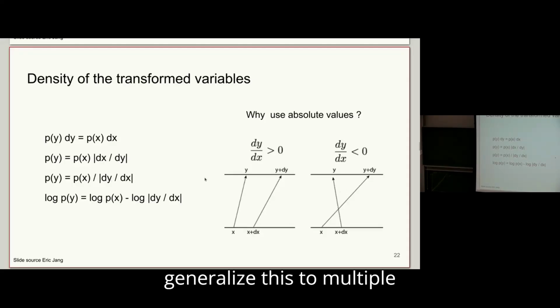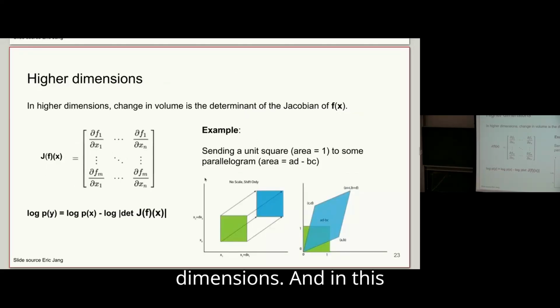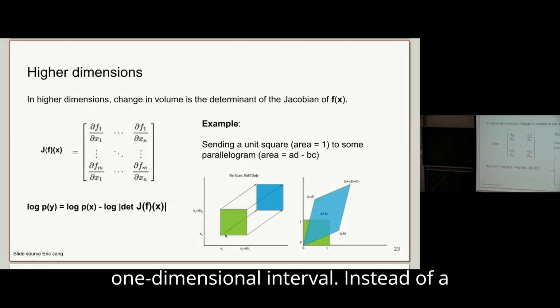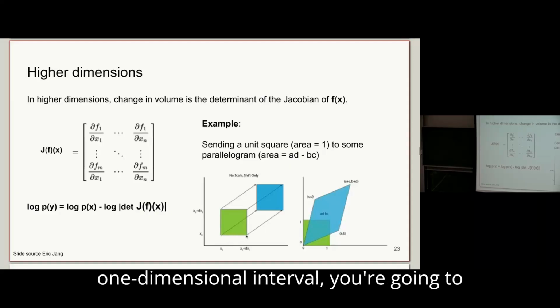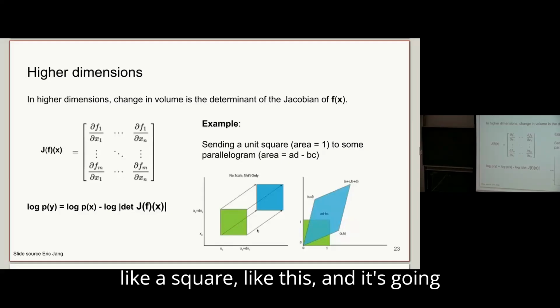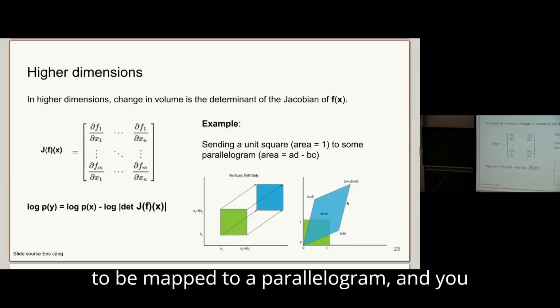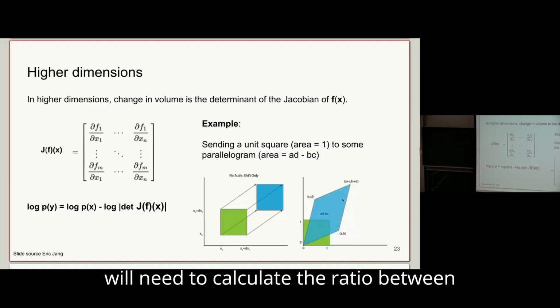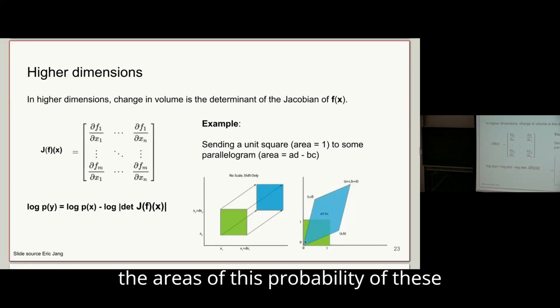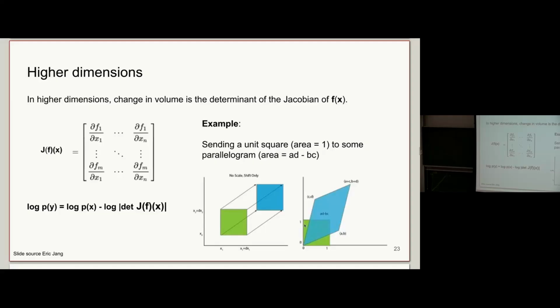You can generalize this to multiple dimensions. Instead of a one-dimensional interval, you're going to have a two-dimensional interval, like a square, and it's going to be mapped to a parallelogram, and you will need to calculate the ratio between the areas of these spaces.